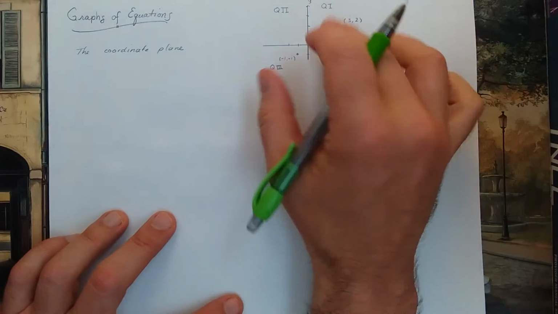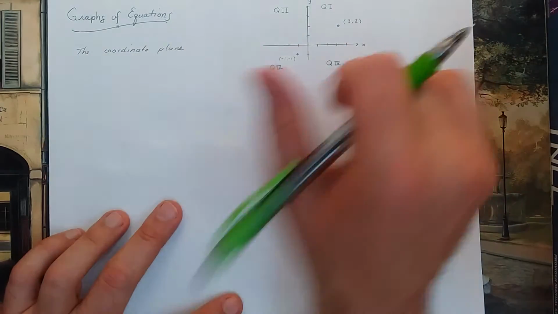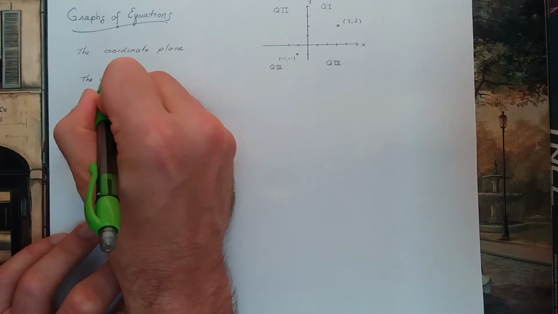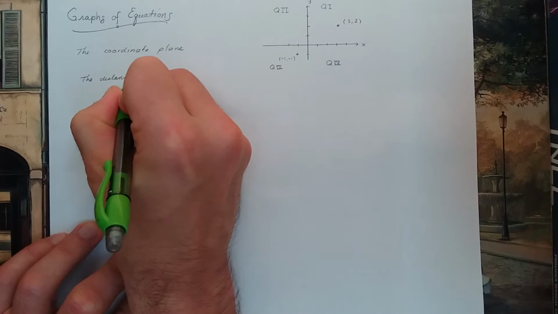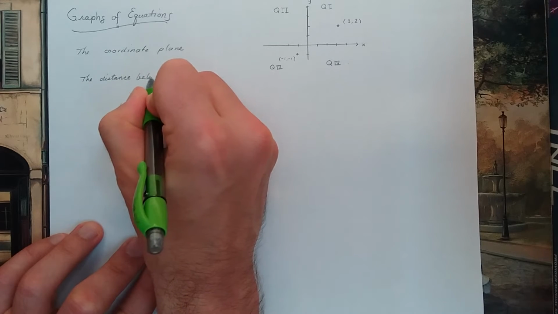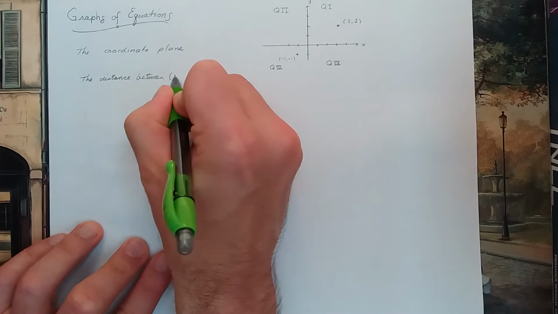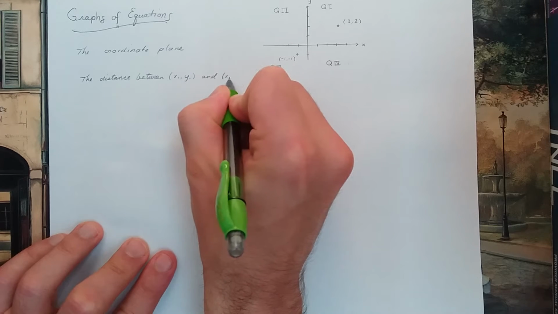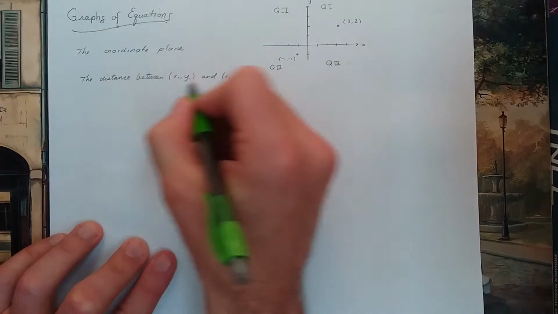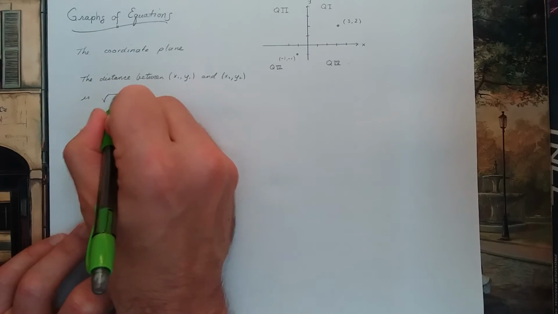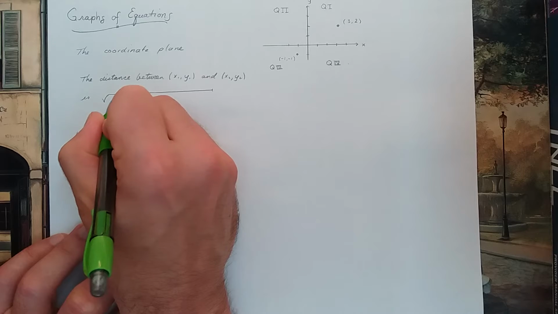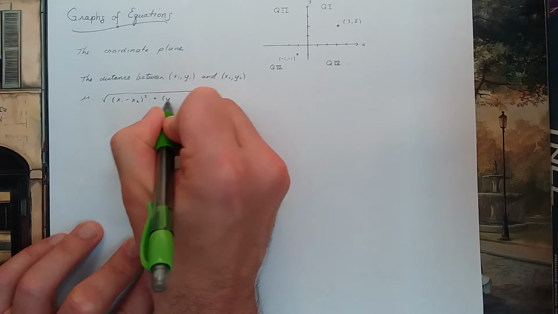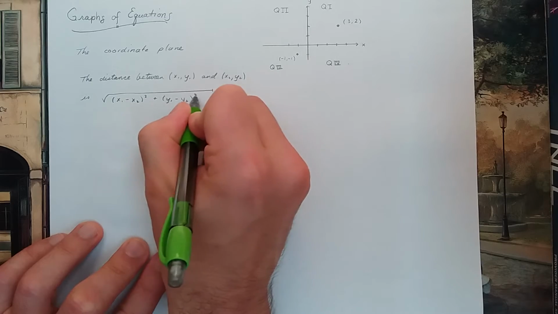You can think about distance in the xy plane or the coordinate plane. So the distance between 2 points, (x1, y1) and (x2, y2), is given by the square root of (x1 minus x2) squared plus (y1 minus y2) squared.